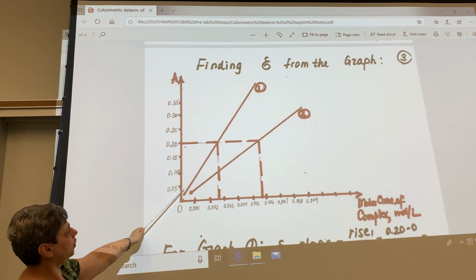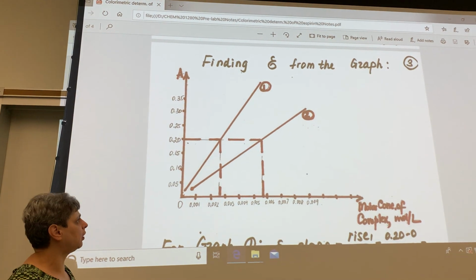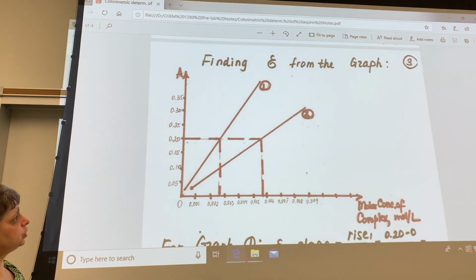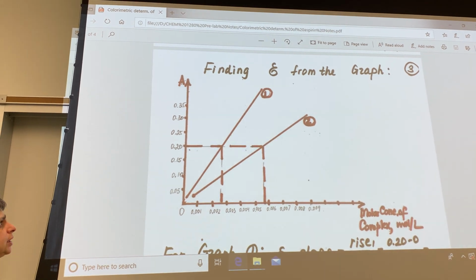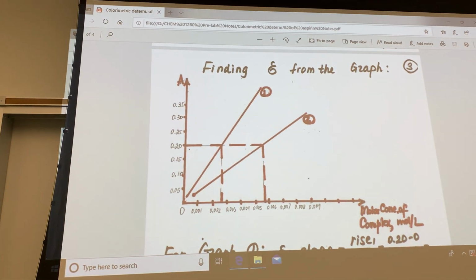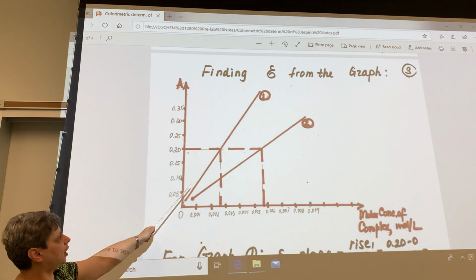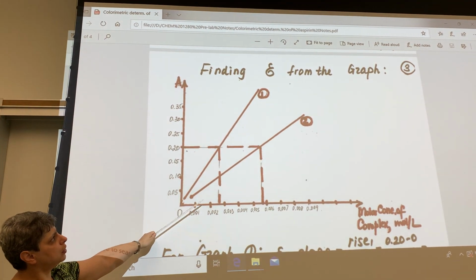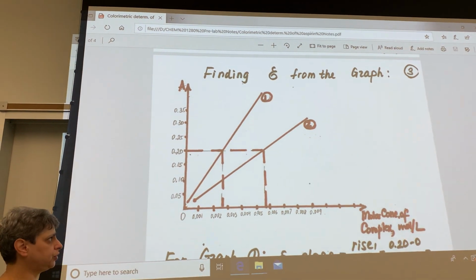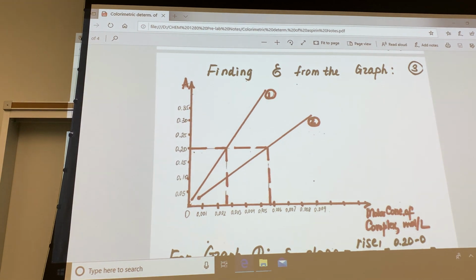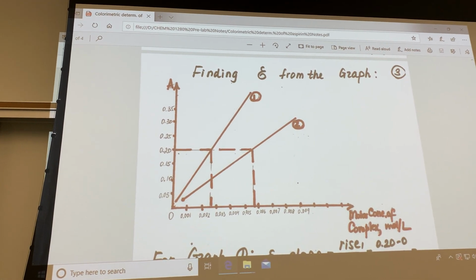Both are linear, both begin at the origin or have y-intercept equals 0, but obviously there are two different graphs. So what is the difference between the two? Well, the difference is clearly the slope. So which slope do you think is greater, for graph 1 or graph 2? Considering graph 1 is obviously steeper compared to graph 2, hopefully you can see that graph 1 would be expected to have greater slope compared to graph 2.